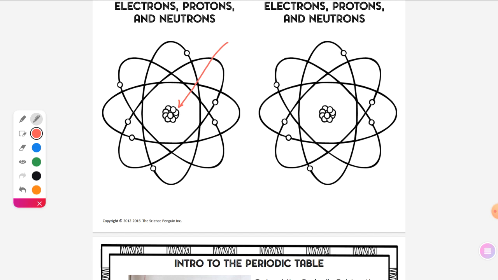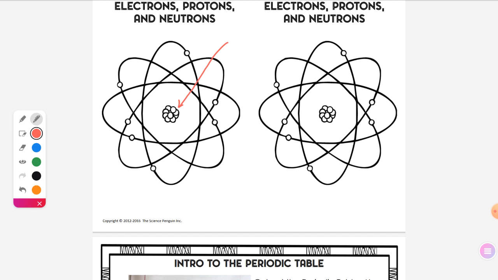Does anybody remember what the center of an atom is called? Reese? Anybody remember? Abby? Nope. Harper? Nope, it's none of the words at the top of the paper. It is in our science book, you're right.